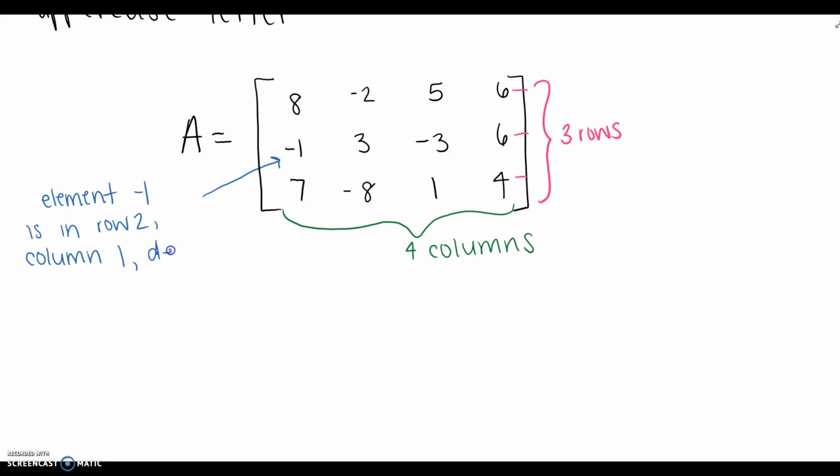So this can be depicted by A 2, 1. So this is just telling us that we've got row 2, column 1. So -8 over here, for example, would be A sub 3, 2 because it's in the 3rd row, and 2 for 2nd column.